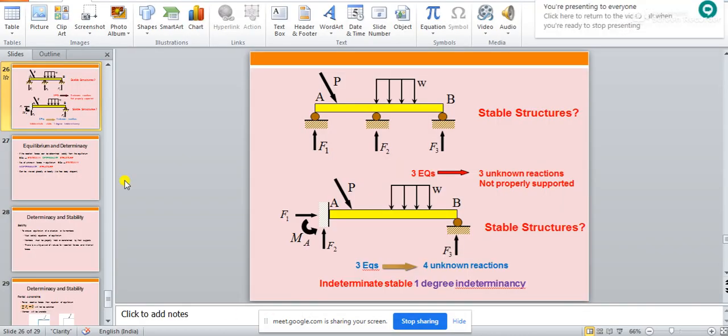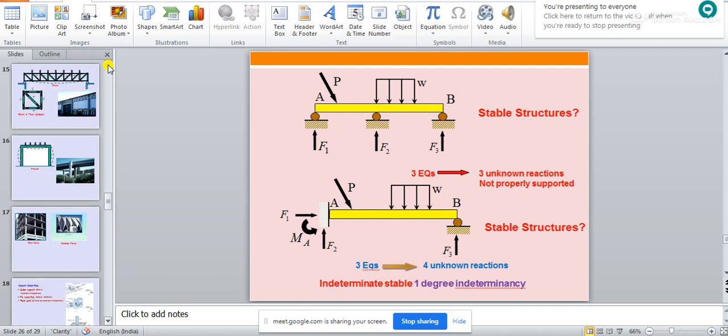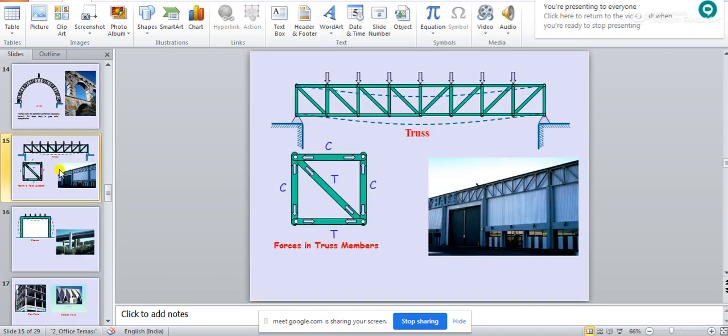See, that is why I am telling that concept clearing is not happening. Last semester also you have done this figure. This is a pin support, or here you can have a roller support also. But where will the loads be acting in a truss? In a truss, the loads will always be acting at the joints, right?